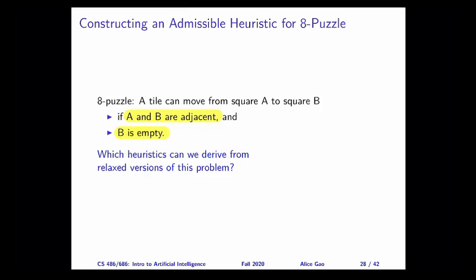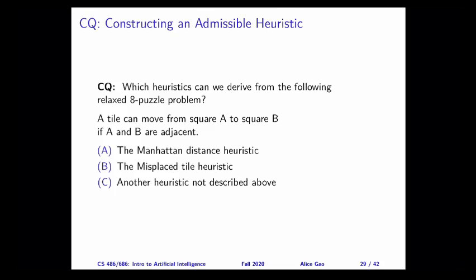What does a relaxed problem look like? What heuristic functions can we derive from these relaxed problems? Let's relax the 8 puzzle in 2 different ways and derive 2 admissible heuristic functions. Question number 1. Let's remove the second constraint, B must be empty.